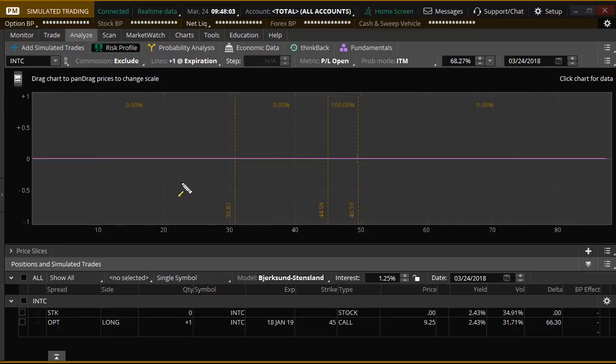Every quarter there's a dividend payment. Well, we could achieve the same thing, get a dividend payment, but do it every month. Essentially lowering the cost of our trade.